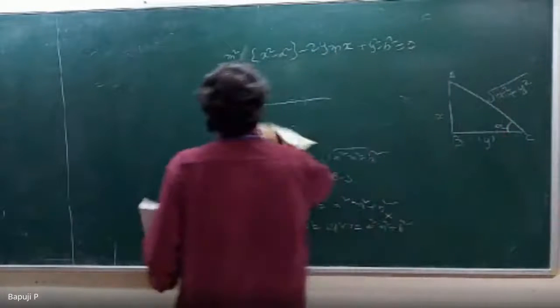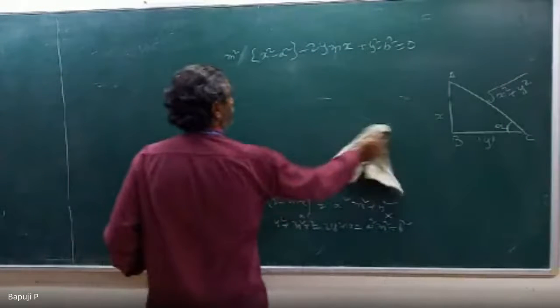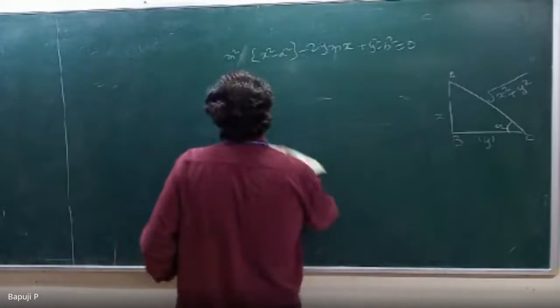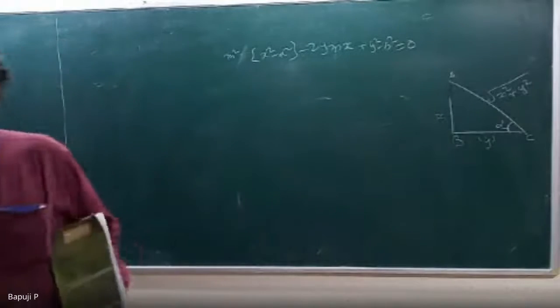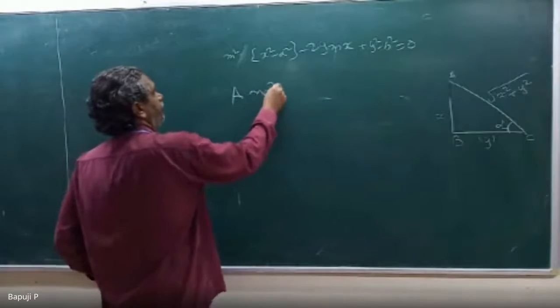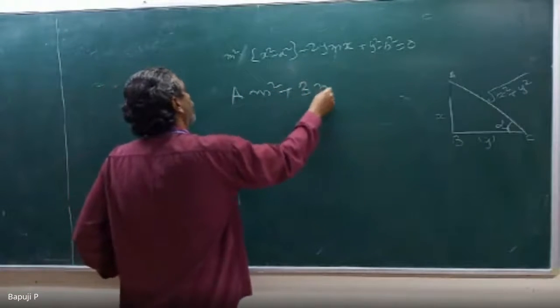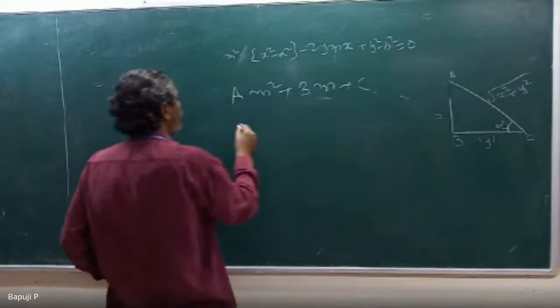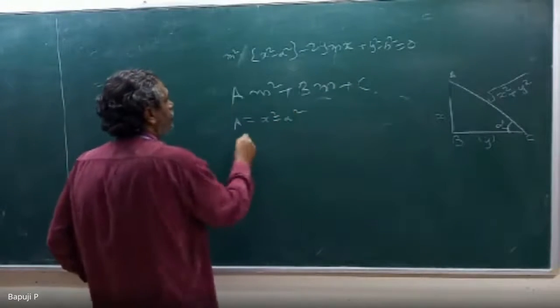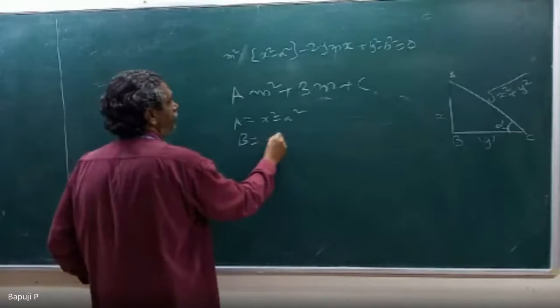Correct? And a and b are also there, so I want to vary the notation. So the given equation is in quadratic form like this, Am² + Bm + C. Now who is A? Who is my B?